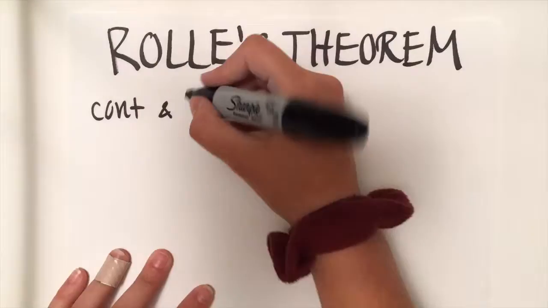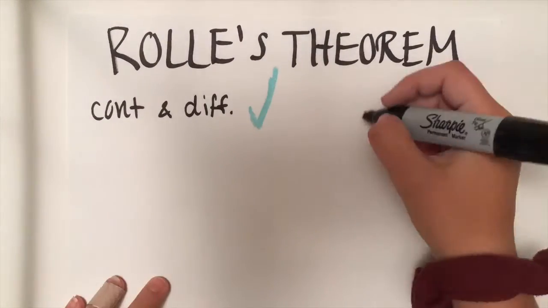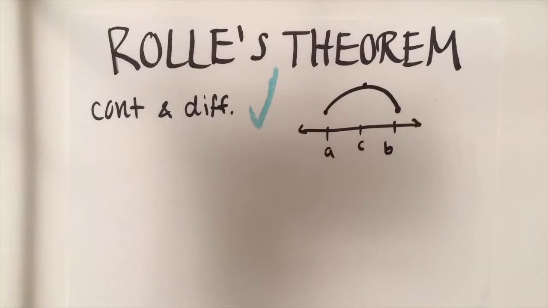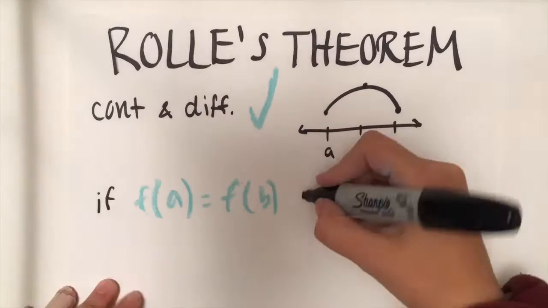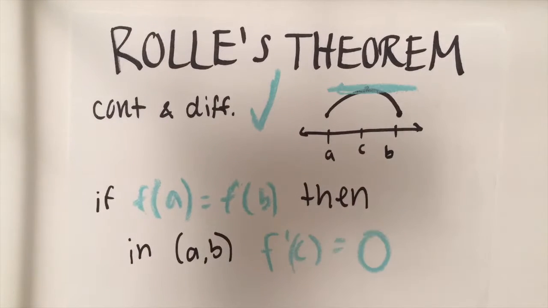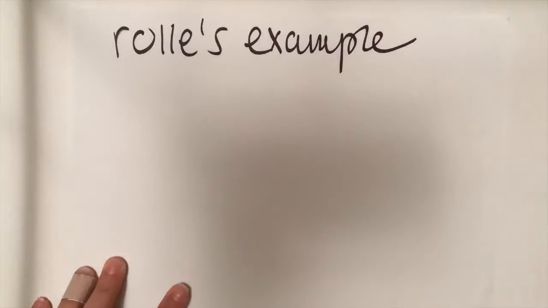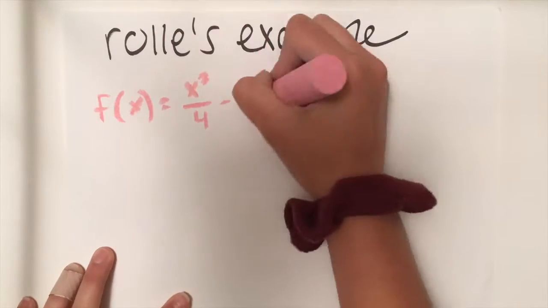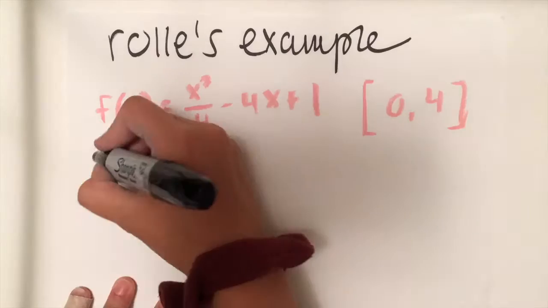Rolle's theorem tells us that if a function is continuous and differentiable on an interval a to b, and f of a equals f of b, then there is a value c whose derivative is equal to 0. For example, this polynomial function has the same y value for f of 0 and f of 4.